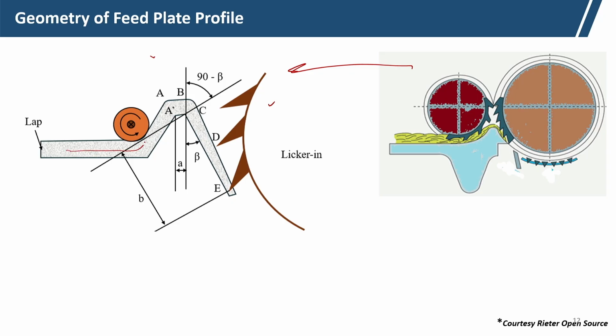The fiber bat or lap is fed, this is the feed roller, and it is gripped up to this point A. With this the lap is moving in this fashion, and the first tooth of the Licarin is touching at the point D, which is on the upper surface.